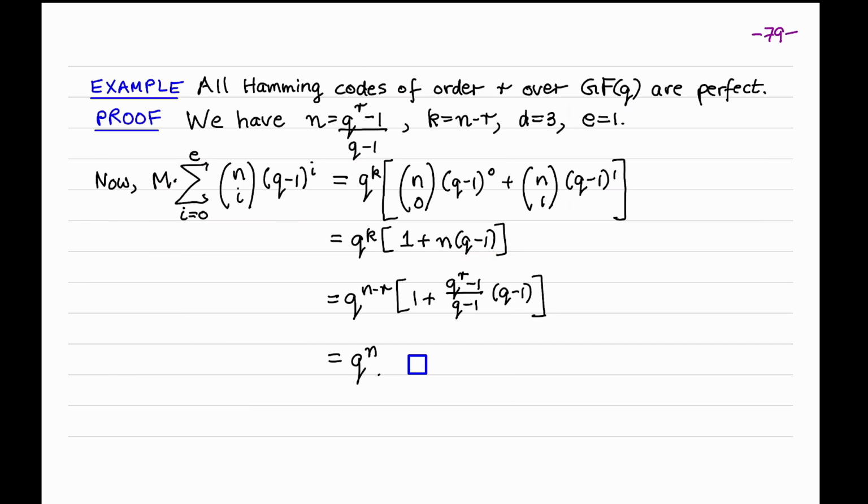I'll replace n by (q to the r minus 1) over (q minus 1), and then cancel the (q minus 1) terms to get q to the n, the right-hand side of the sphere packing bound. So the sphere packing bound is met with equality, and this shows that all Hamming codes of order r over GF(q) are in fact perfect.